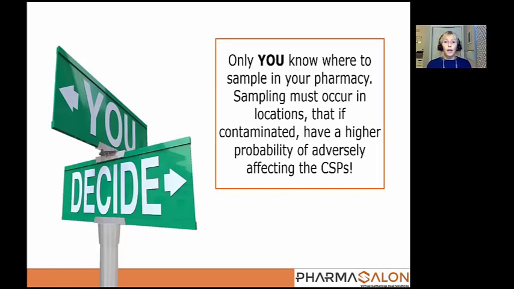Sampling must occur in locations that, if contaminated, have a higher probability of adversely affecting the CSPs. Your certifier can help you to a certain point, but you know where your high touch risk areas are going to be. You know where your back and forth high traffic locations are going to be. Those are locations that you want to make sure end up on your sampling plan.